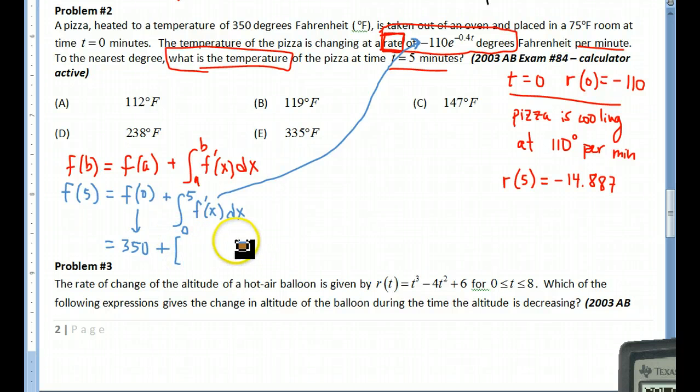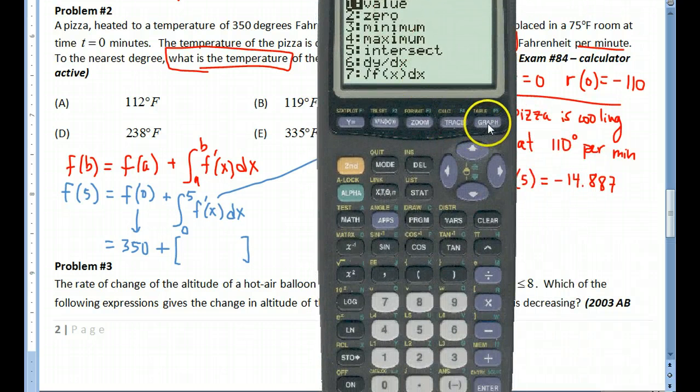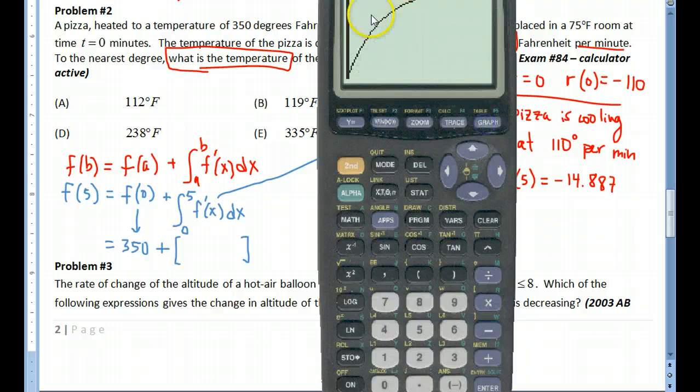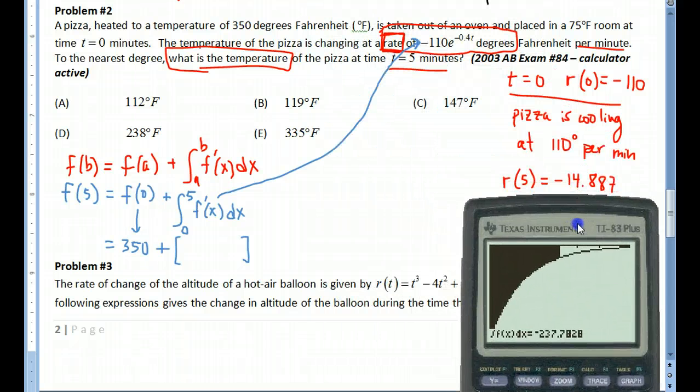How can I find that using the calculator? You do the same thing. Plug in 0. So, looking at the graph, this tells me how the pizza is cooling off. If I do second trace and find this value from 0 to 5, it's going to give me this. What does all that stuff mean?